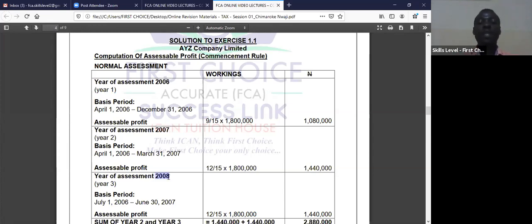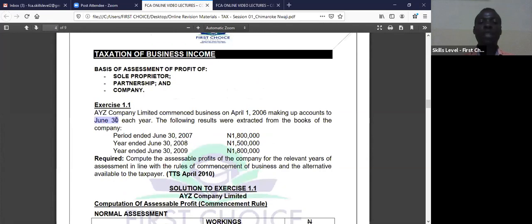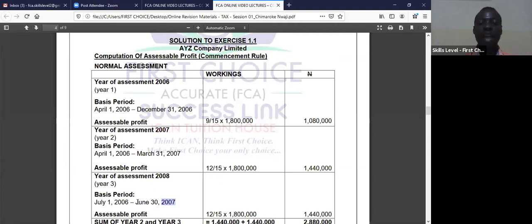That means that if I'm saying we are using preceding year basis, it means the ending date of this account must be 1 year before this year of assessment. So if this is 2008, it must end in 2007. That's one. Secondly, see this June 30th that the account is being made up, it must then be June 30, 2007. Now, it has complied with the word preceding year basis.